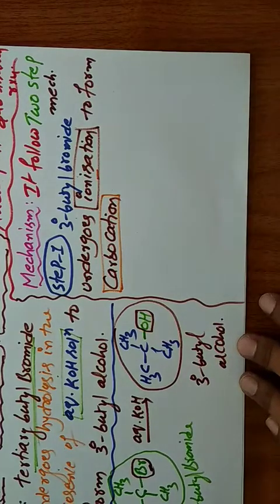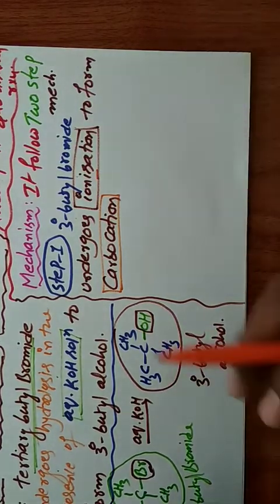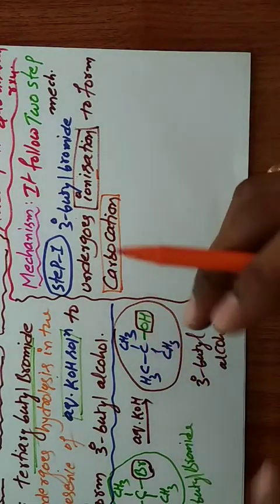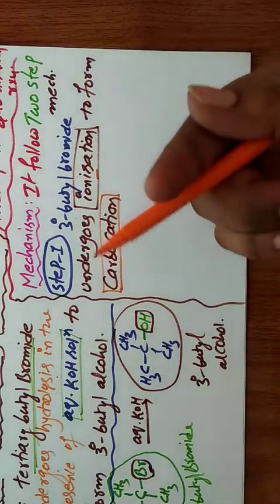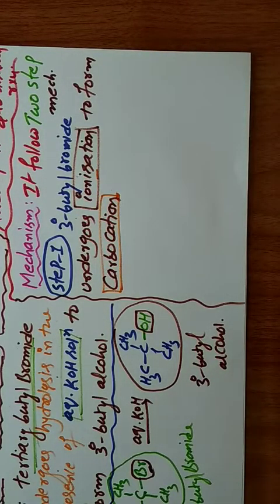What is the meaning of ionization? It is split into a positive part and a negative part. Then we can get a carbocation. What is the meaning of carbocation? Carbon having positive charge. A positively charged carbon is generally called a carbocation.